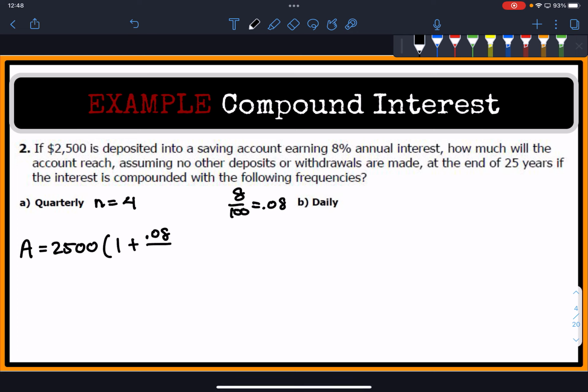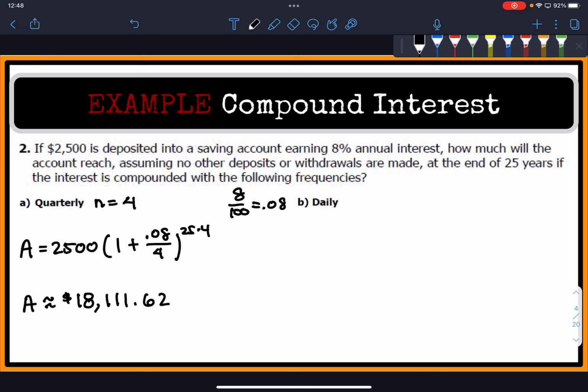That rate is going to be compounded 4 times, and we're going to raise that to 25 years times 4, which is approximately $111, I'm sorry, with 62 cents. So that would be the account balance after 25 years if it's compounded 4 times in a year.